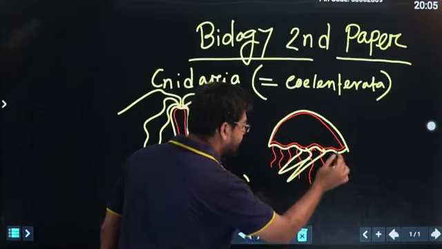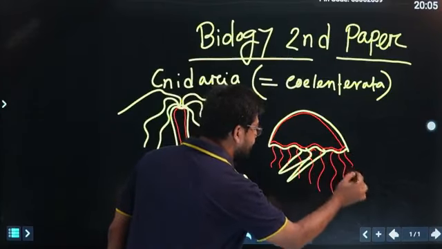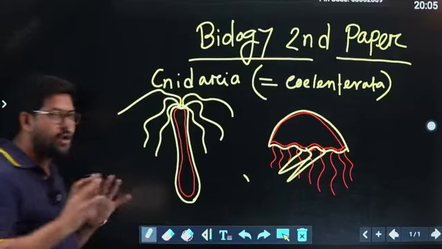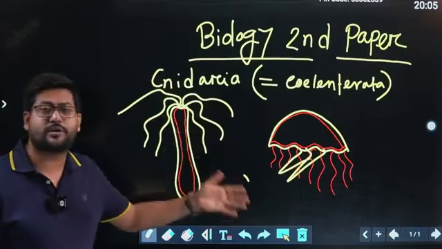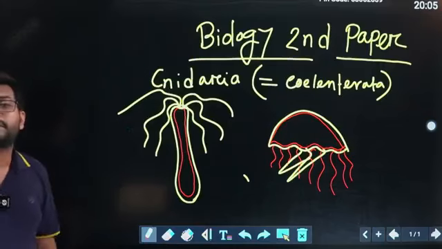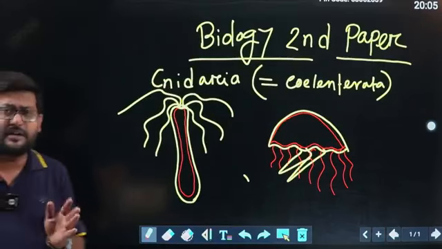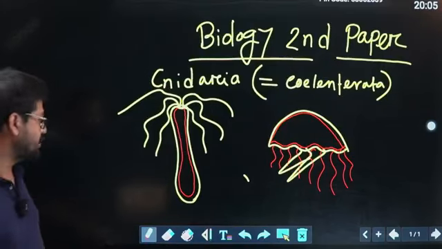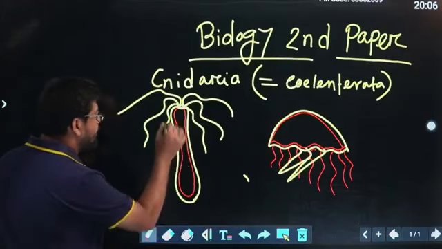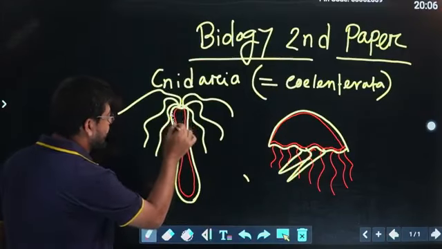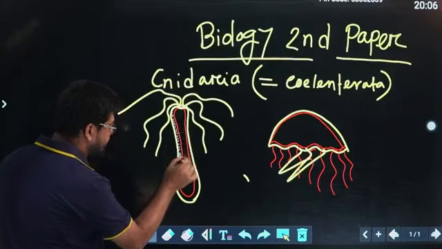It may be very elongated or very small. That does not matter, but all the animals contain tentacles, and tentacles are also diploblastic in nature.